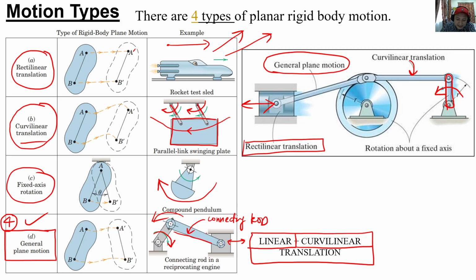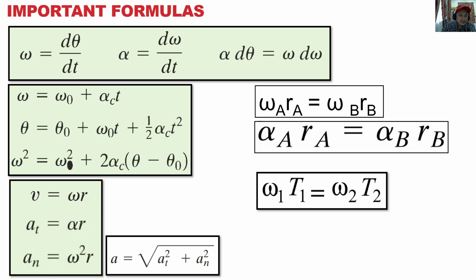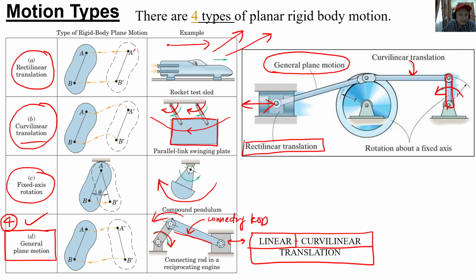You can do simple calculations, but for an extended period of time, you need to use a computer in order to solve all the vectors correctly. So there are a few important formulas in kinematics of rigid body. A lot of the things that we are learning in this chapter is on this part.